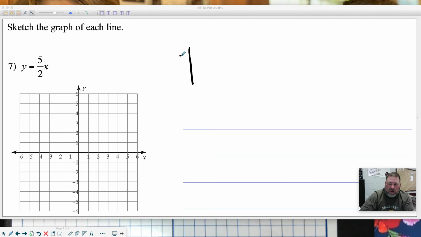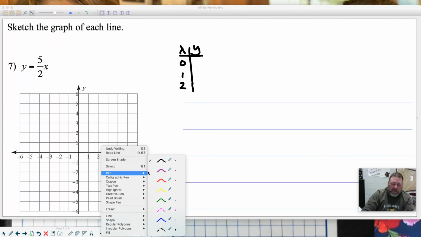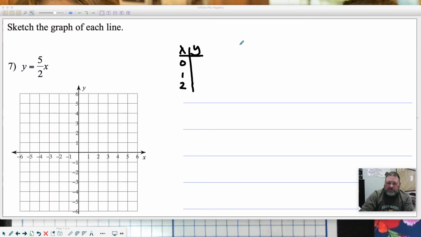So draw our T-chart. X, Y, 0, 1, and 2. All right, and we're going to plug these in one at a time. So y is equal to 5 over 2 times 0.